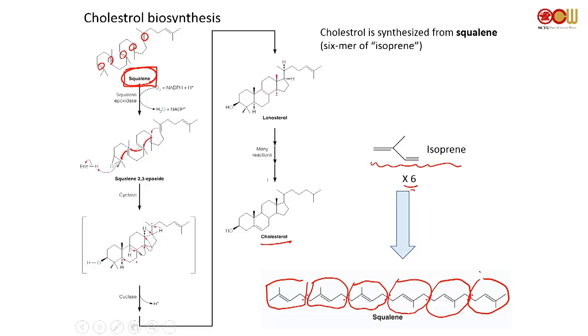So it's a repeat. Anytime you have a molecule that has repeats, you should immediately think it must be some kind of repetitive synthesis, just like, for example, fatty acids or some other things. So it's some kind of iterative pathway that can generate this.